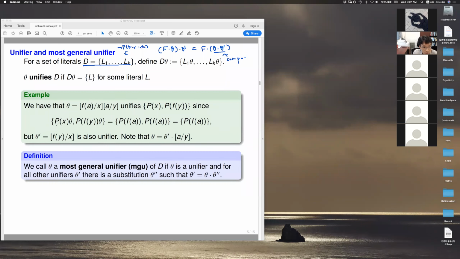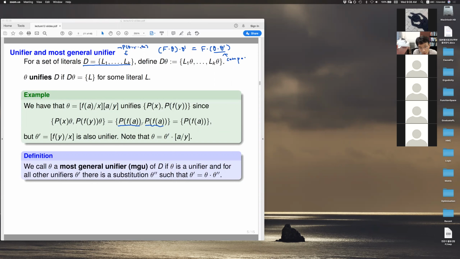So for instance, if we have a set of literals P of X and P of F of Y, one unifier is the one that you see on the screen, which replaces X by F of A and Y by A. That's because if we replace X by F of A, we get this, and also replacing Y by A, we get the same thing.